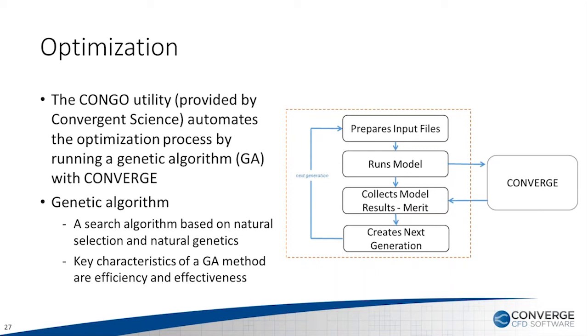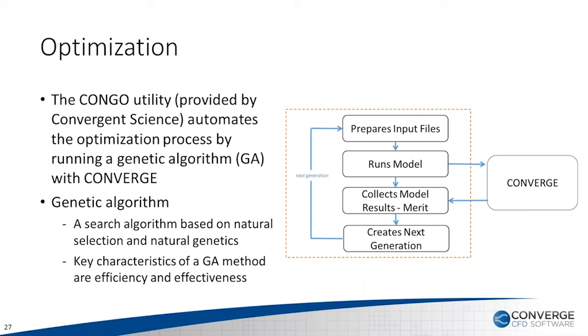If the result is not as good as expected, it's going to do this over again. It will take the input, change the factors from sensitivity, run CONVERGE again, and then evaluate the results compared with targets, until there is the best or an acceptable result.